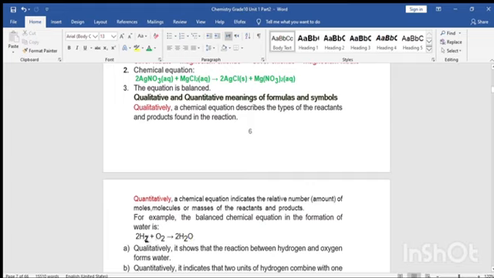Therefore, the equation can be determined in 2 ways, qualitatively and quantitatively. Qualitatively means the types of atoms found in the reactant and the product, the atom or the molecule of compound. Quantitatively, we can determine the number of moles or molecules of substances found in the reactant side and also in the product side.